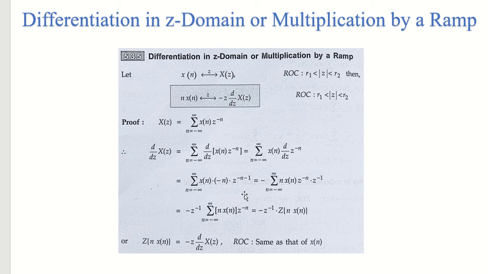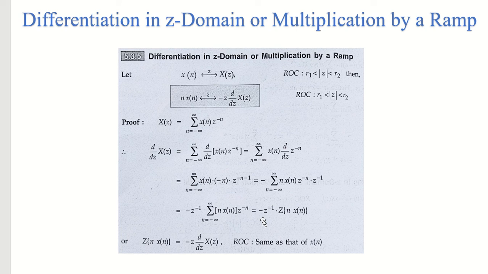And see, isn't it the same equation as the z transform of n into x of n, right? So instead of that formula, we will write z into the z transform of n x of n, and the term which was multiplied earlier will remain as it is.